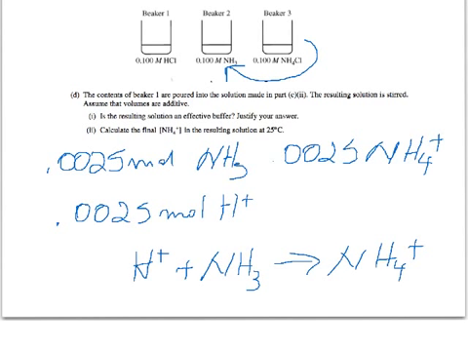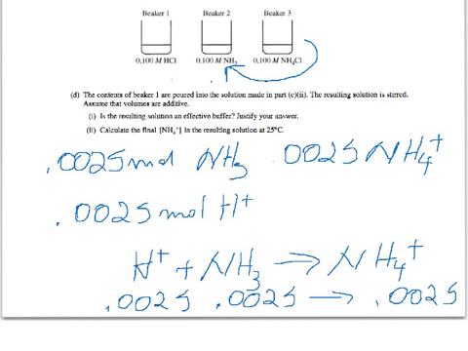The acid and the base are going to cancel out. So you have 0.0025 and 0.0025, and those are going to react and give you 0.0025 here, but you're not going to have any of the acid or the base left, so it can no longer buffer.